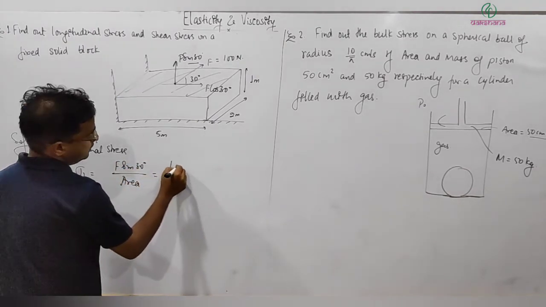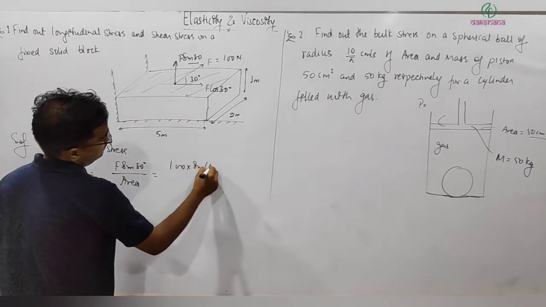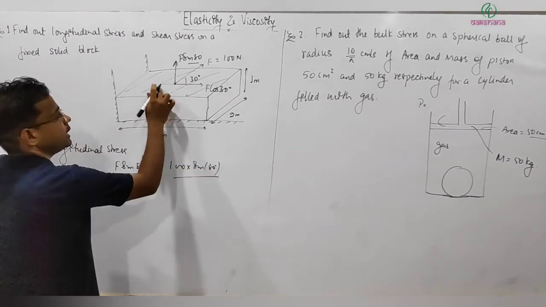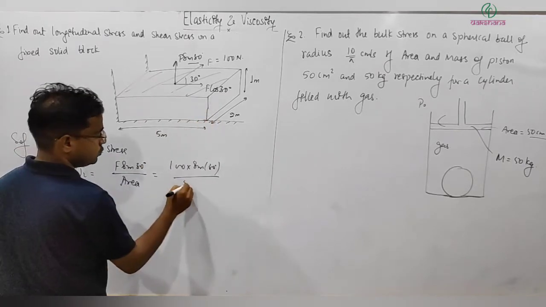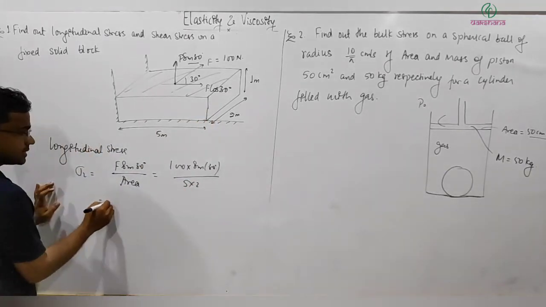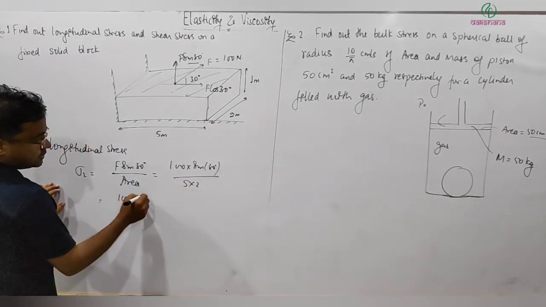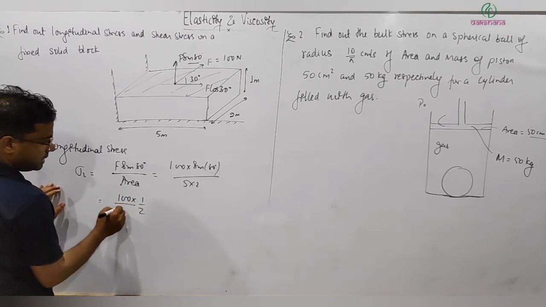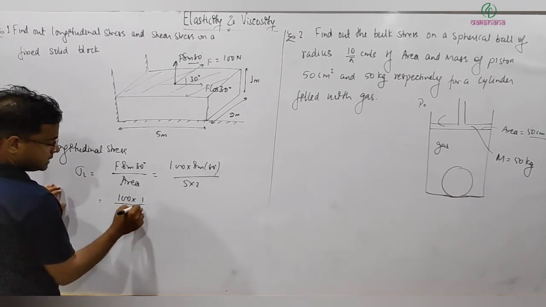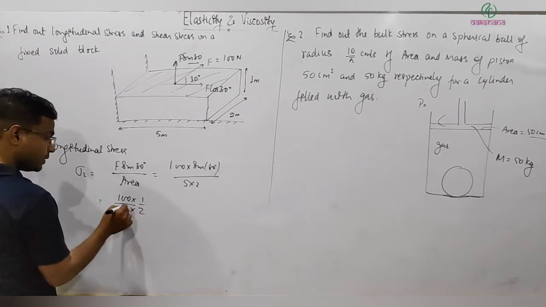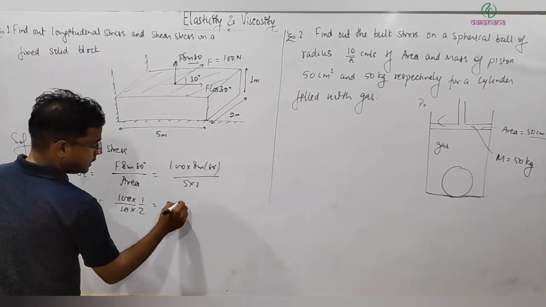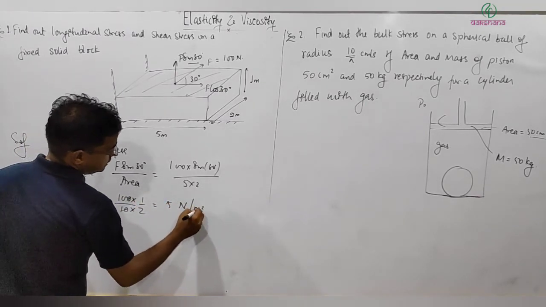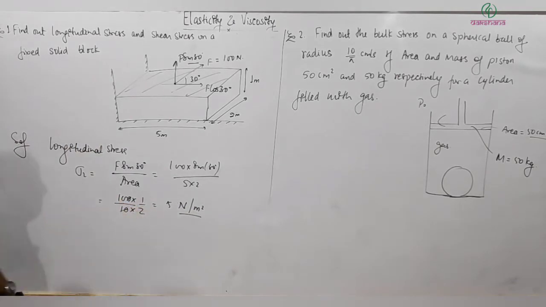F sin 30 is 100 into sin 30. And what is the area? The area is 5 multiplied by 2, so 100 times 1/2 divided by 10 comes out to be 5 Newton per meter square. This is the longitudinal stress.